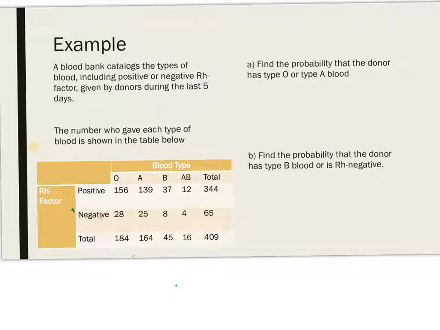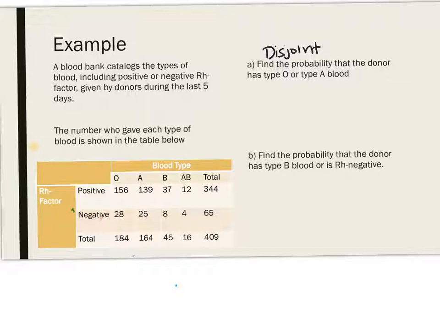So now when we look at this, if I want to find the probability that a donor has type O or type A blood, first off, can you have O and A blood at the same time? No. What does that mean about these two events then? If the one occurs, the other cannot occur, what does that tell me? That these events are disjoint.